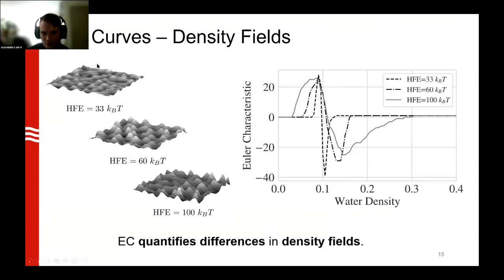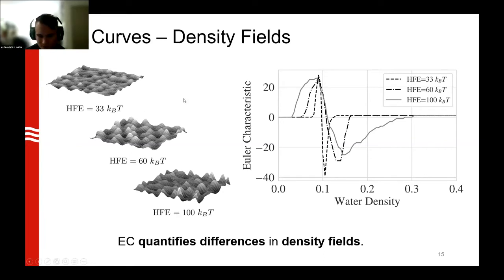Now here on the left-hand side, we're looking at our hydration free energies. Even when we just look at it in this way, we can see there are starting to be some interesting differences in how these fields behave when we change the hydration free energy from 30 to 60 to 100.